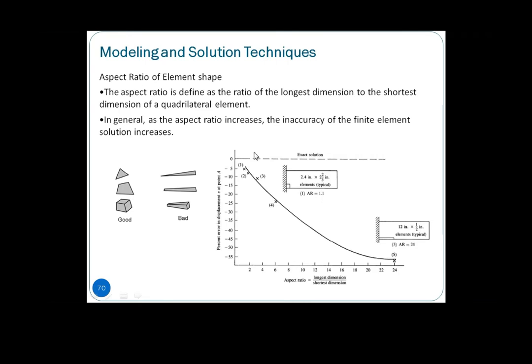Your error compared to the exact solution at 1.1 might be around 5%. But if your aspect ratio goes up to 24, you will see that your percentage error is about negative 55%. So take note that meshing or discretization in terms of aspect ratio helps our approximations in this case.